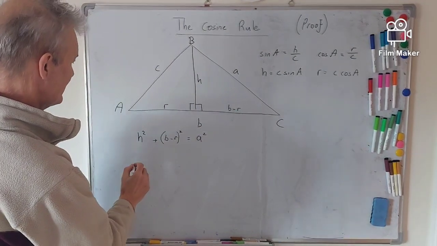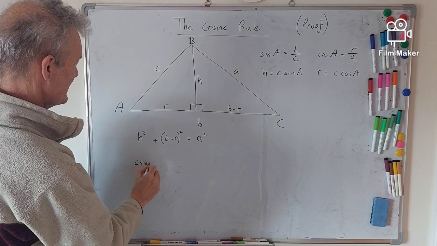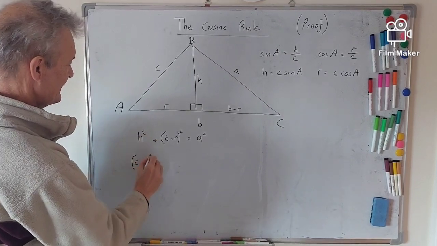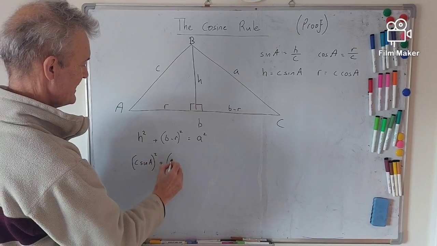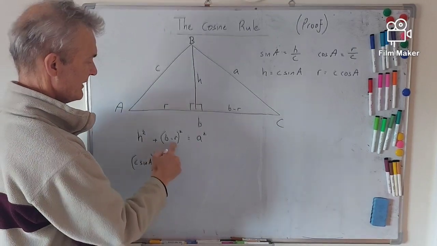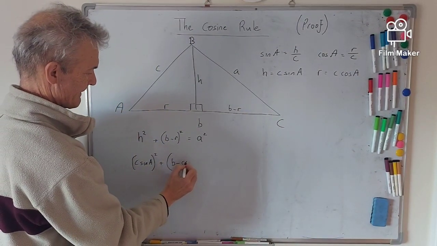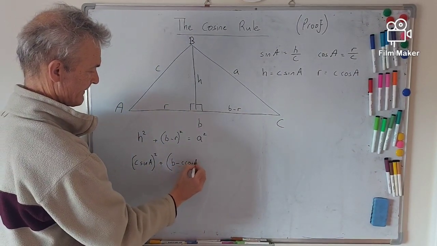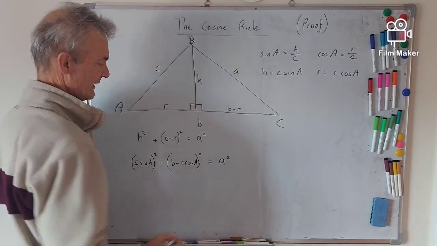So H is going to be C sine A, and remember that's squared, plus here we've got B minus, and R is now C cos A, and that also is squared, and that equals A squared.